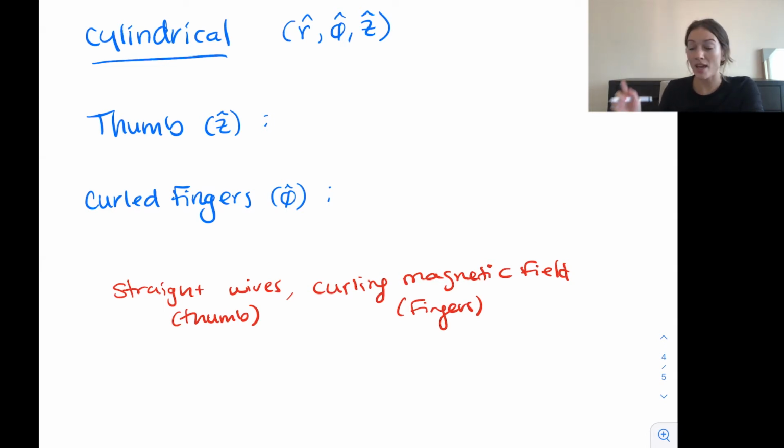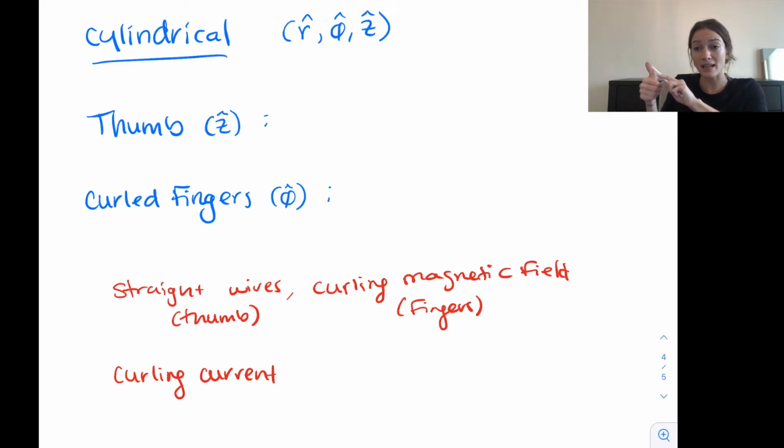If you have a curling current, let's say in a solenoid, where your current is going in a circle, right? It's wound around the turns of those coils. Then you just curl your fingers in the direction of the thing that is curling, which is the current, and your thumb points in the direction of the magnetic field.